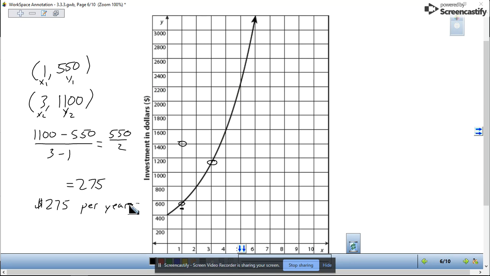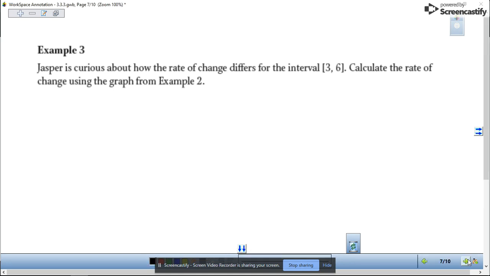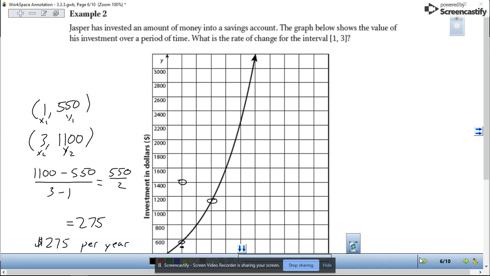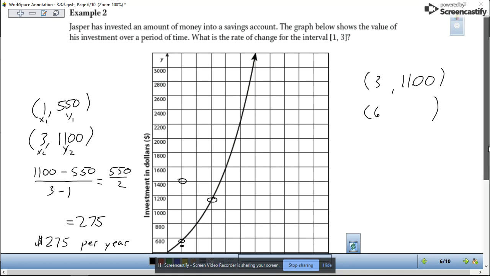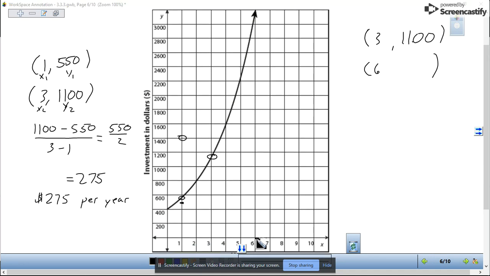Now, let's do the same problem, and I'll go ahead and go to example 3, and then I'll come back. Jasper is curious about the rate from 3 to 6. So I'm going to go back over here and do my work for example 3. What if instead it was 3 and 6? Well, 3 we already know was 1100. And at 6, it would appear to be, let's see, scroll down a little bit here, maybe here. We'll call that 3100, just to be nice with my numbers.